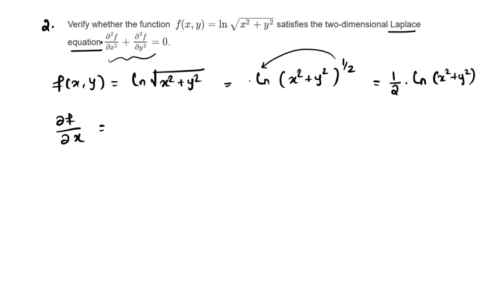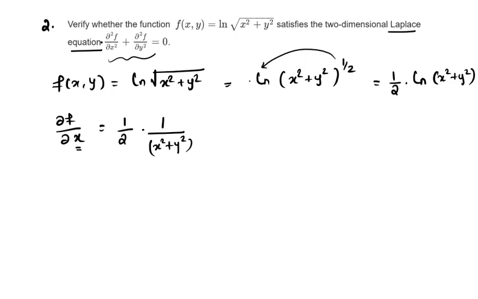Now dou f by dou x will be equal to 1 by 2 into, here we have log of x squared plus y squared. Whenever we differentiate a log value, it will be of the form 1 by the value which is inside the log. So here the value is x squared plus y squared. Now let us differentiate with respect to x.